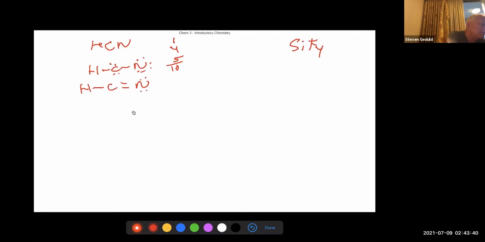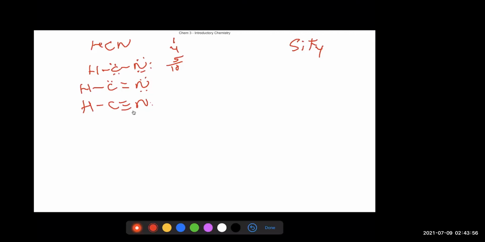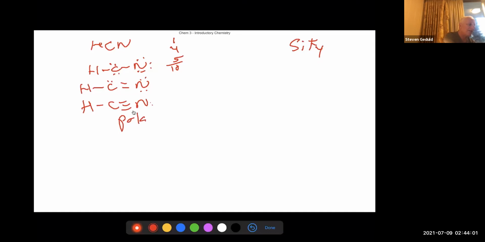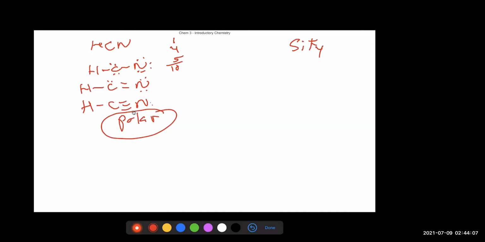Remember, you can't double bond to hydrogen because it's terminal. So 2, 4, 6, 8, 10, 12. So one more. Okay, there's your Lewis structure for hydrogen cyanide. Now, is that polar or non-polar? Does it have a net dipole? Polar. It's polar because there's not the exact same things attached to carbon. So this one is polar. It has a dipole. They will attract each other in solution.